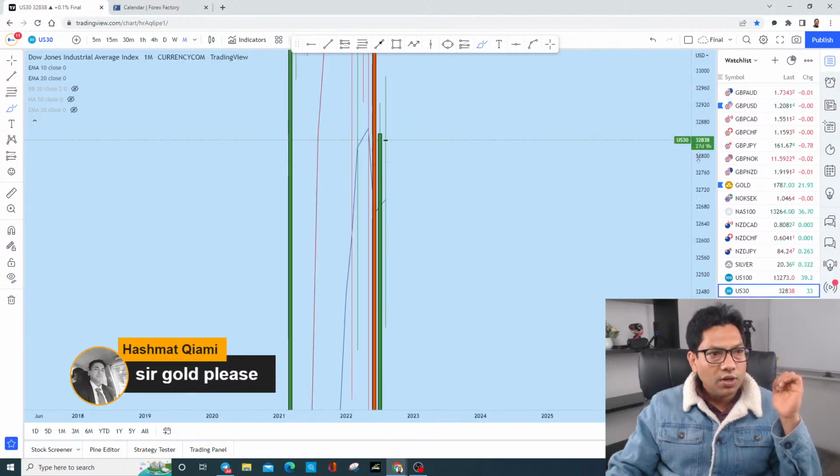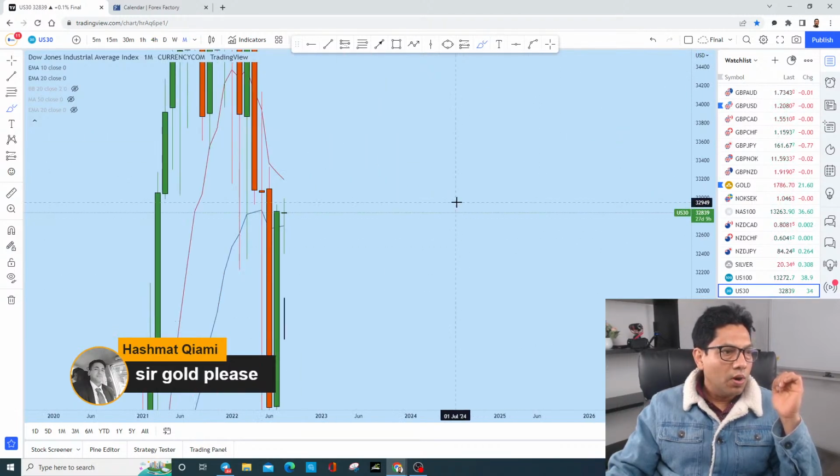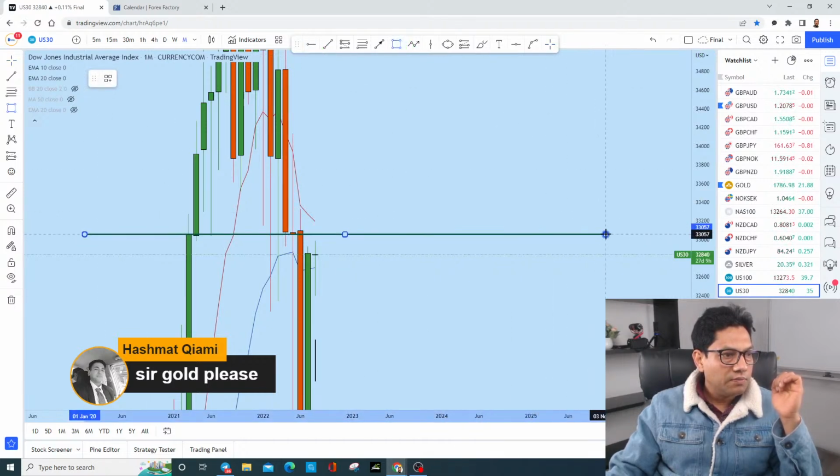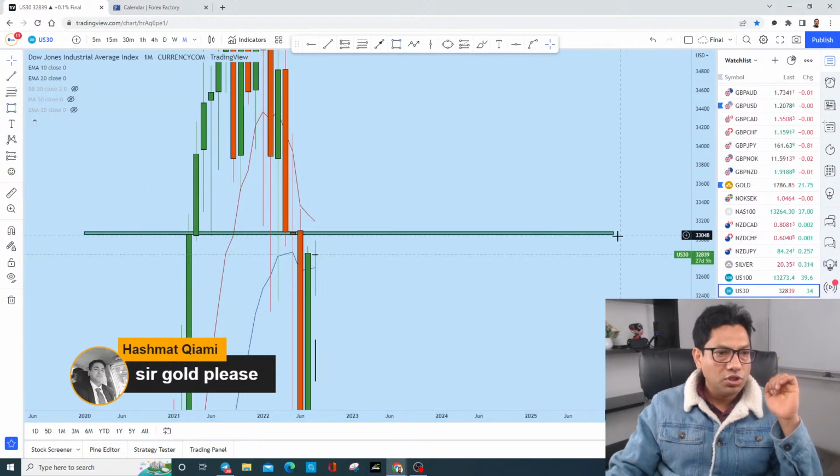But if we look at the monthly on US30, you see this is the doji zone here. If we draw a box here, this is the doji on the monthly.